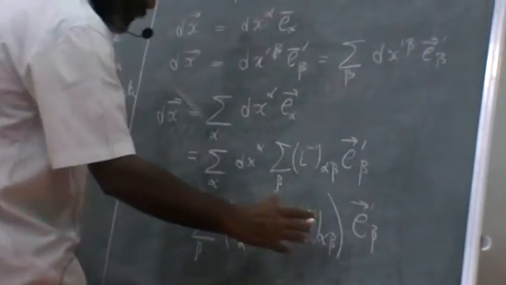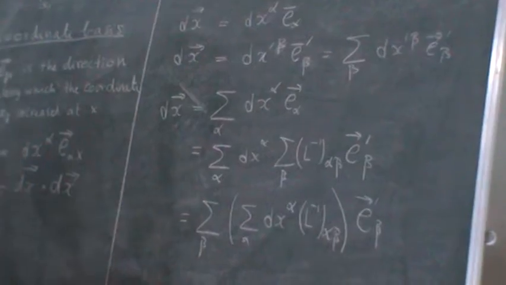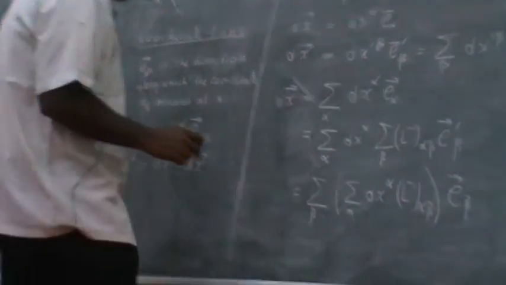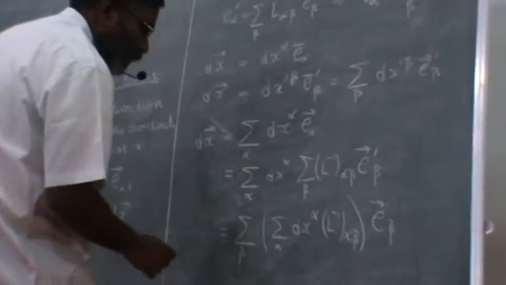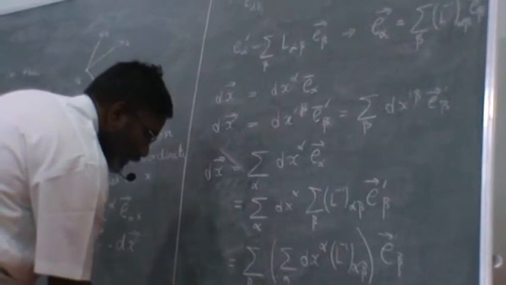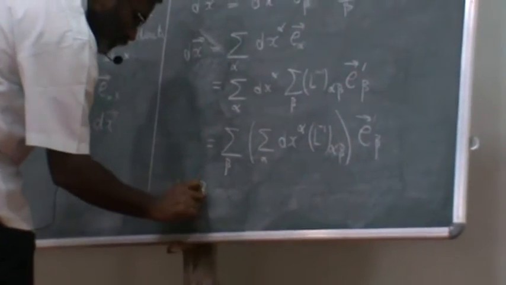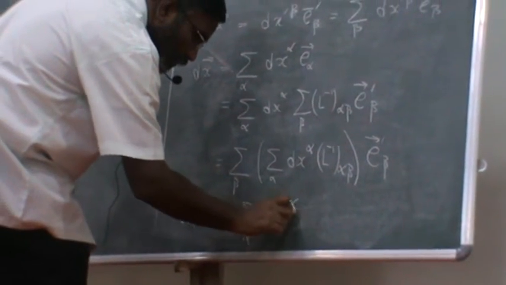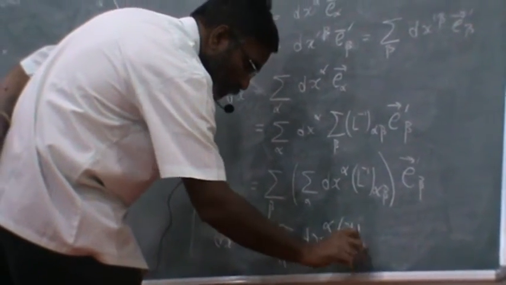So whatever is this bracketed quantity is the dx prime. Alpha is summed over here, so we get dx prime beta equal to sum over alpha dx alpha L inverse alpha beta.